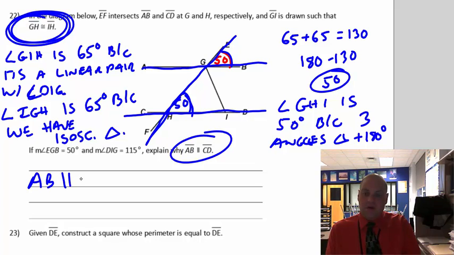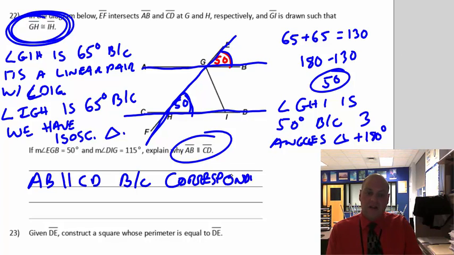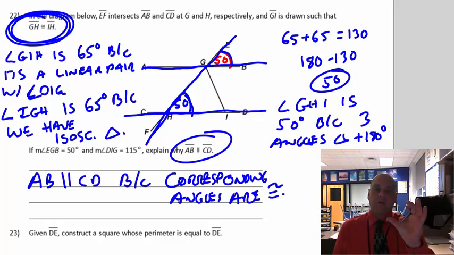AB is parallel to CD because corresponding angles are congruent. If you know the corresponding angles are congruent, the lines must be parallel. Okay. Now we're actually going to be getting into proofs. Proofs are involved in this, but this is just using angle measures and kind of showing it that way.